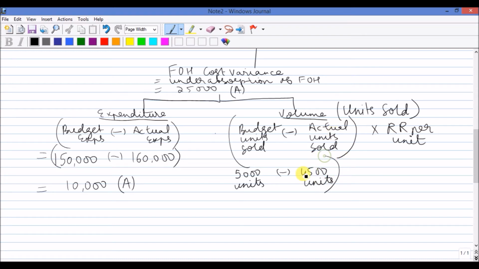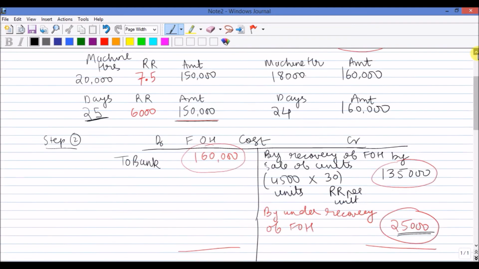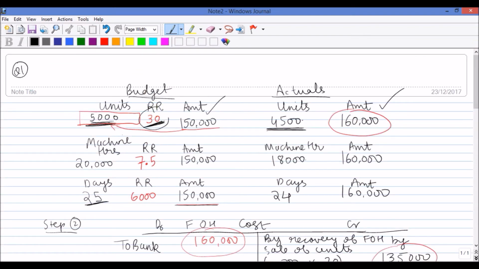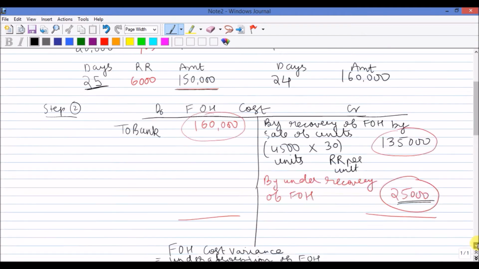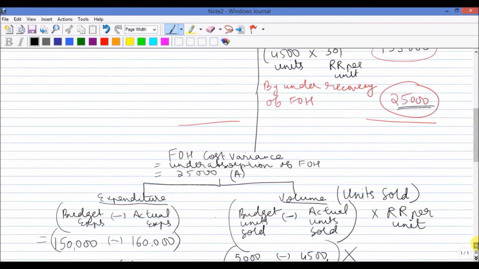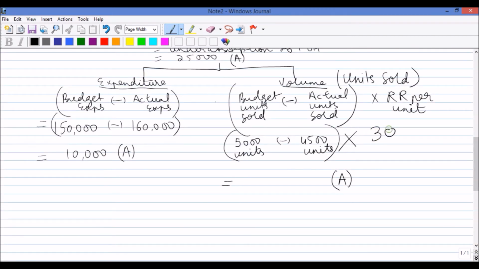It means I have sold less number of units, so the variance is going to come adverse, and the recovery rate per unit is 30. So 500 into 30 is going to give me 15,000.